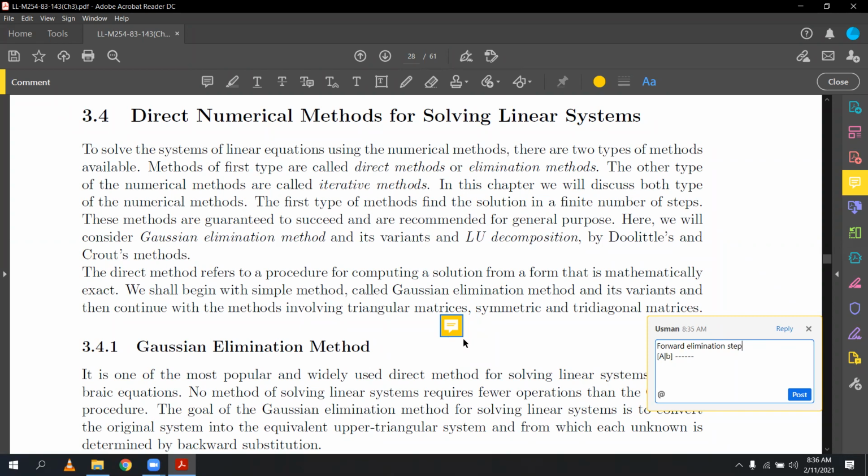What will this step do? It converts your given system into an upper triangular system, U and, let's say, C. That means the basic step of forward elimination is that we convert A into U, where U is the upper one.